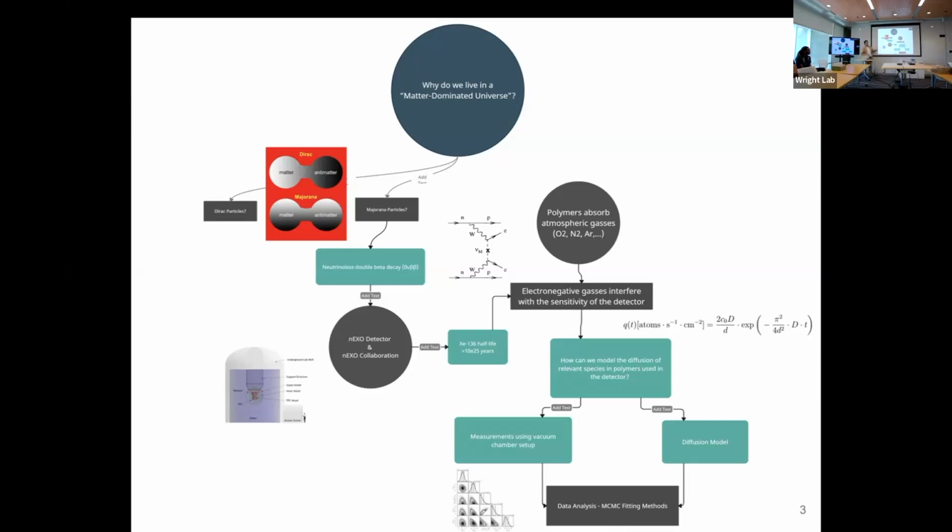So that leads to the nEXO detector, which is a large-scale xenon detector that is yet to be built. It is the successor to the EXO-200 detector, and it will be underground, where we will place a vessel of lots of liquid xenon, and there will be an electric field within the chamber of liquid xenon.